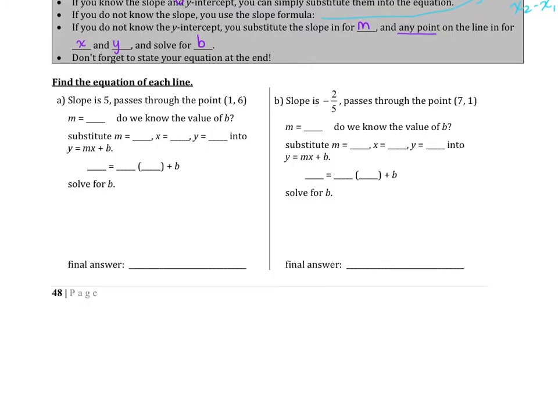So these two questions, I will show you the slope, but I'm not telling you what the y-intercept is. What I am telling you is that it passes through the point 1, 6. That's not the y-intercept. So let's take a look at this.